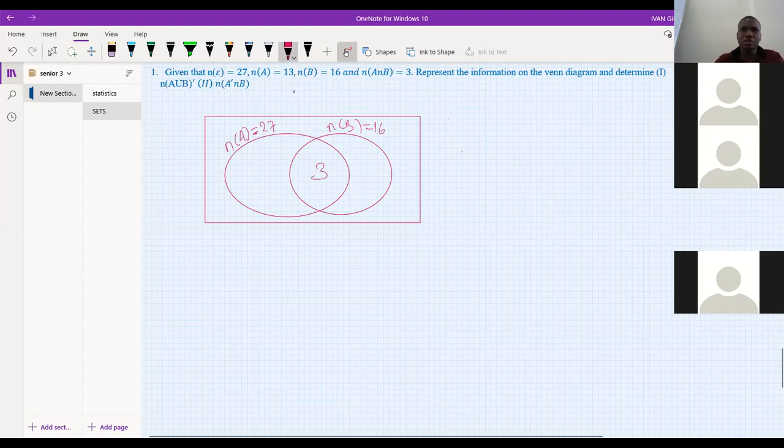So how many will be in A only? How many elements are in set A only?